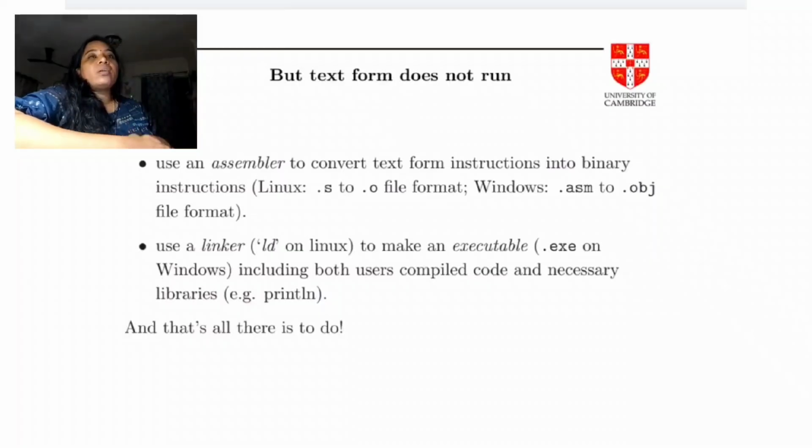For example, in a C program, we include stdio.h, that means libraries. So we can add compiled source code as well as libraries. That is the use of the Windows operating system compiler and the Linux operating system compiler. The file format for Windows is .exe, and for Linux it is .obj.